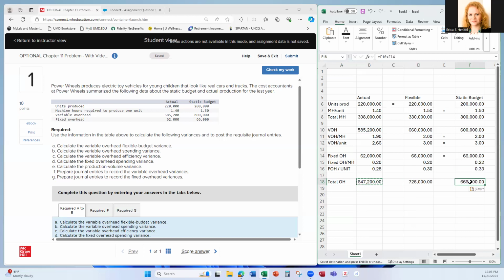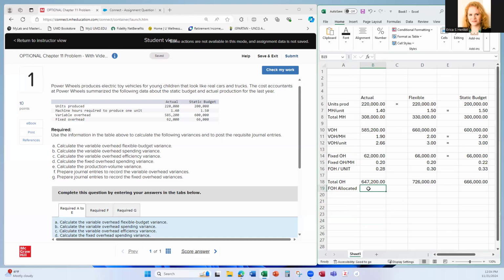All right, and then the last thing we're going to want to know here is our fixed overhead that's allocated, right? How much are we allocating based on our number of units?